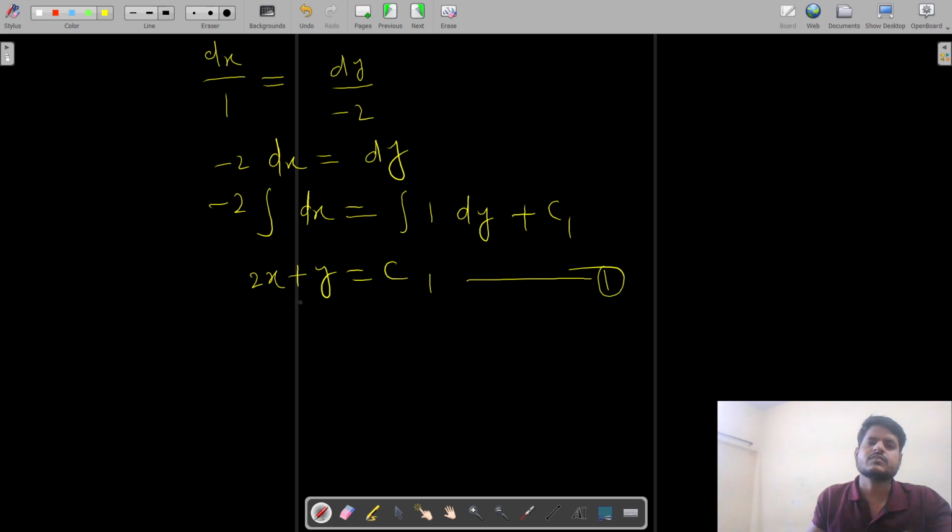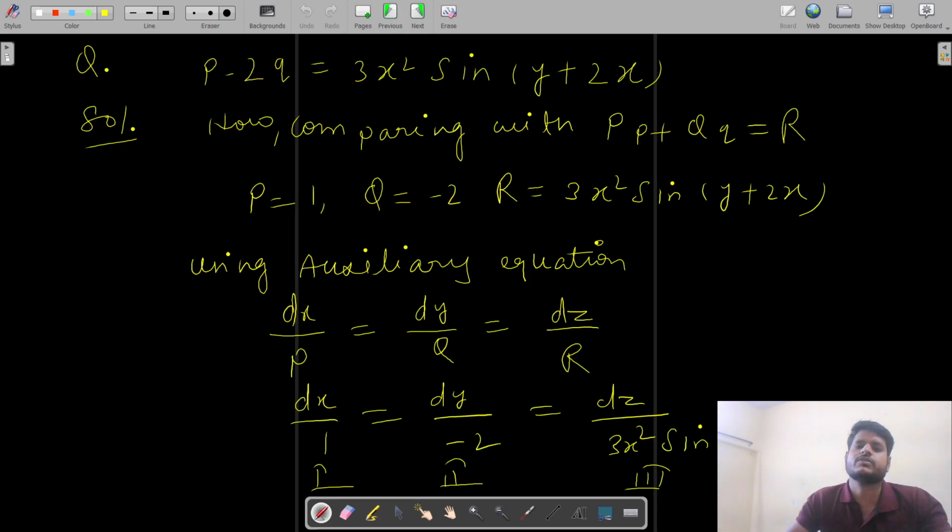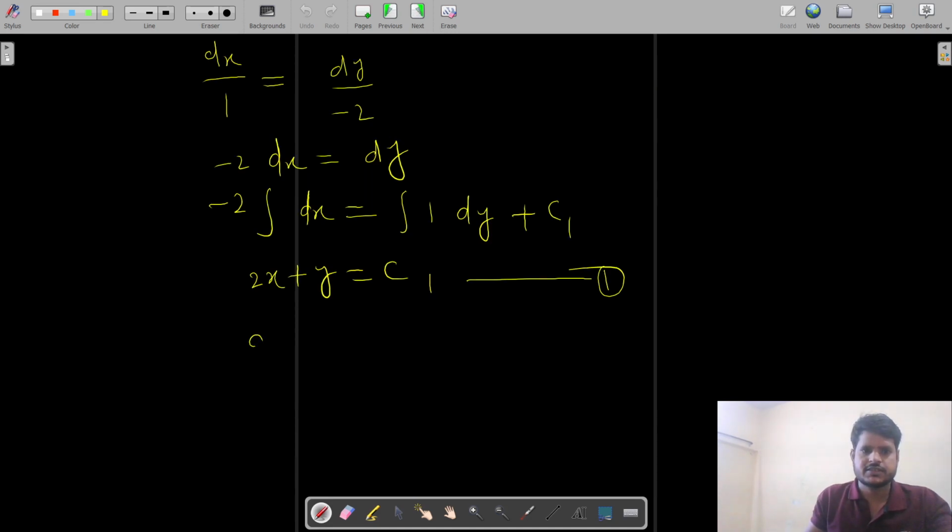Now let's see, I'm taking, see the problem first. This is the problem, right? Now I'm taking here the first and third. First, that is dx upon 1, and third we have dz upon 3x square sine of y plus 2x.